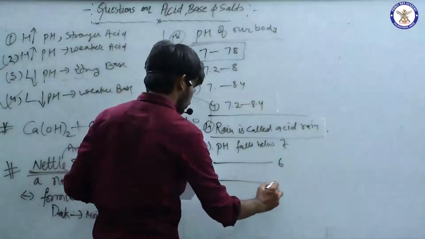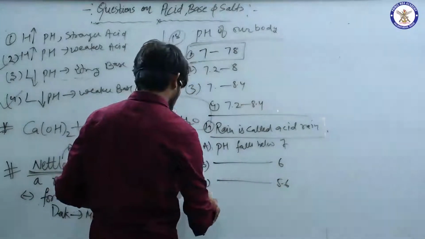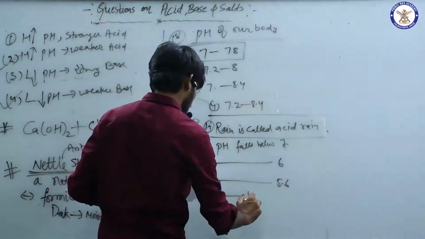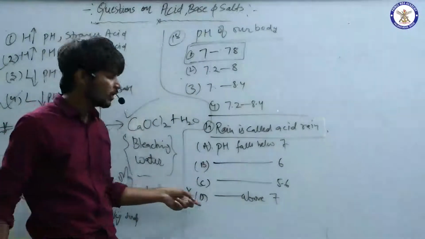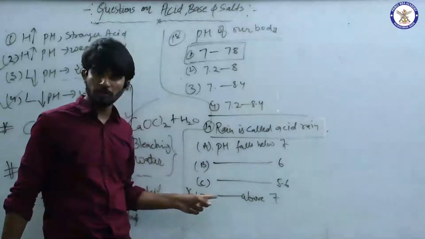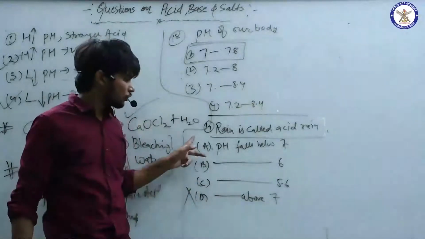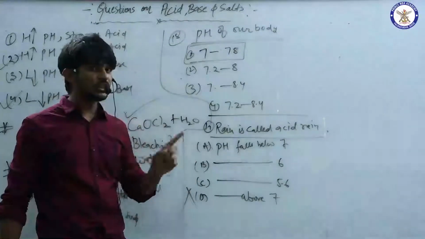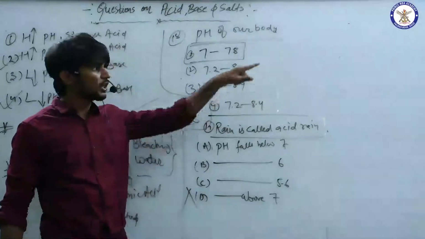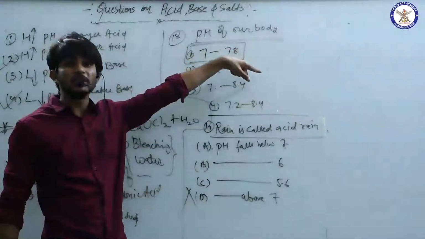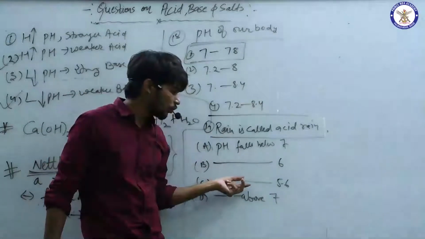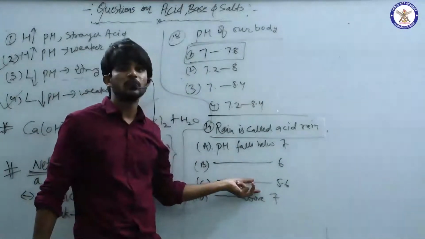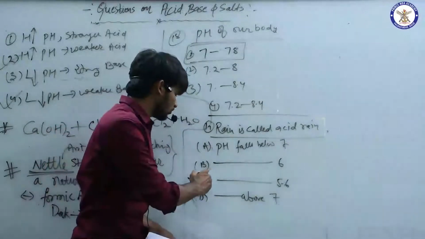C, pH falls below 5.6, and D, pH is above 7. See, this is the wrong answer, because it could not be above 7, it is acid, not base. So these three could be right. And if you see the table which I made for the pH scale, you would find that acid rain falls somewhere between 6 and 5. So your right answer would be 5.6.